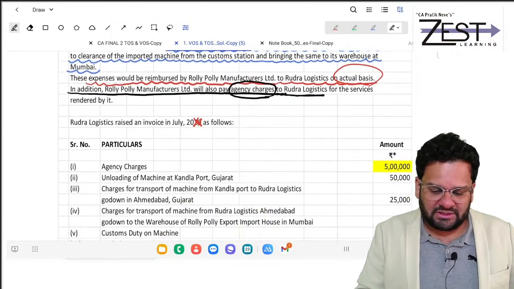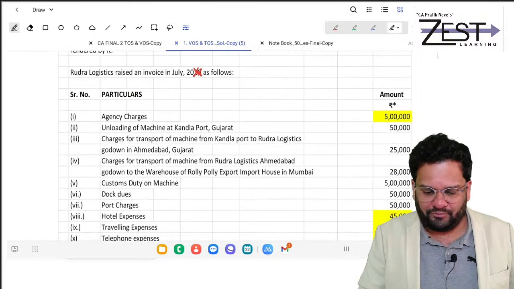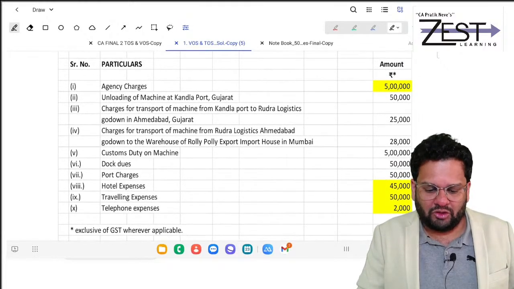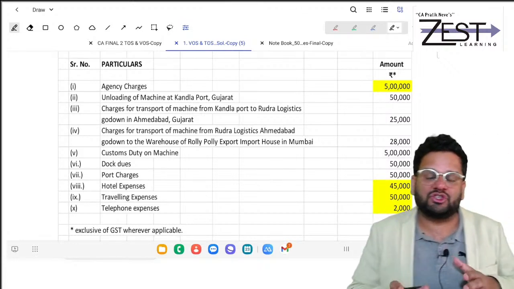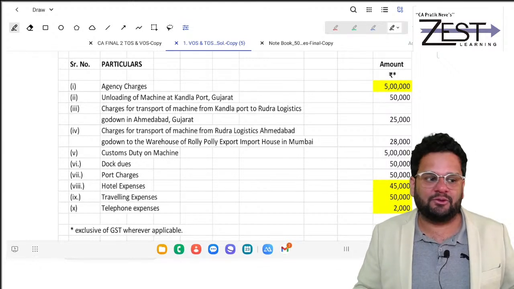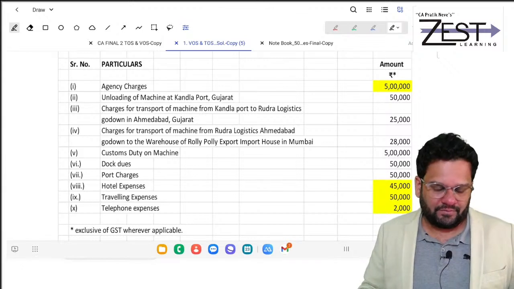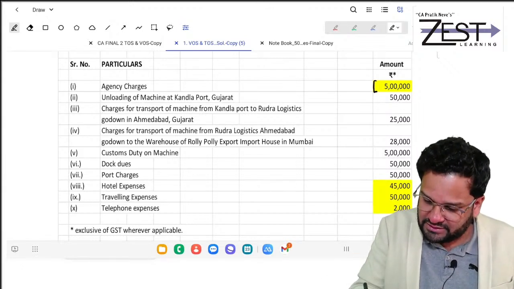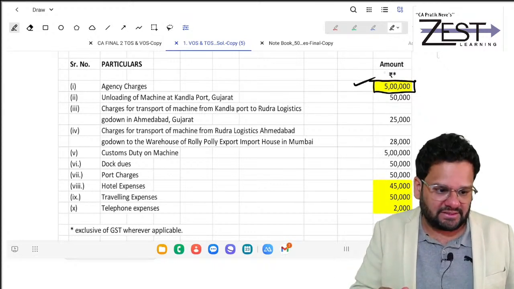Rudra Logistics raised an invoice in July as follows. Check. How is the invoice? On which things will you charge GST? Keep on telling me. And which things you will exclude while computing assessable value? Check. First, agency charges of 5 lakh. Please include them. On that GST will be there.